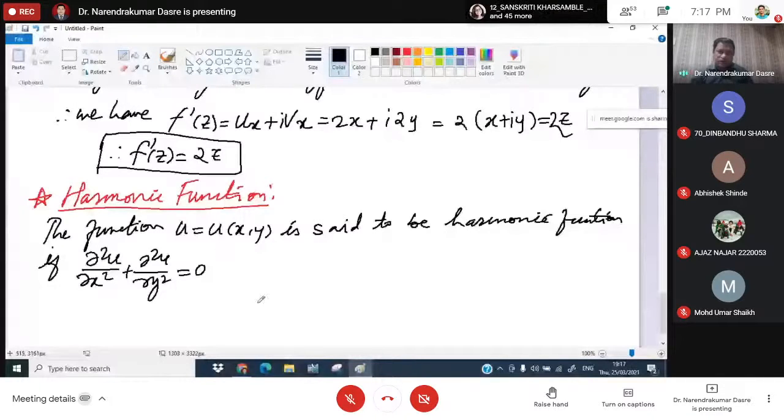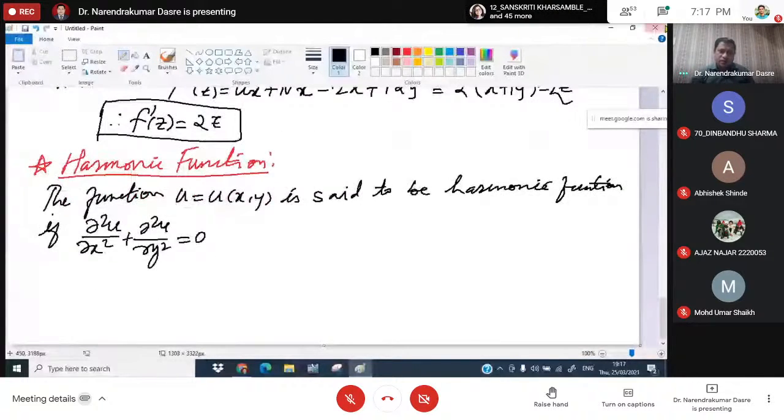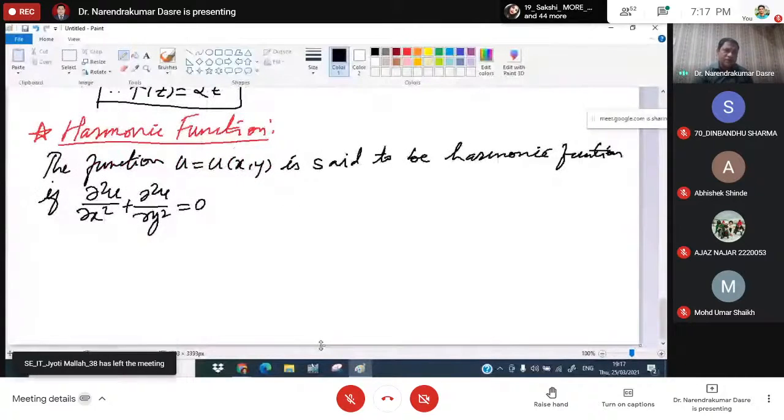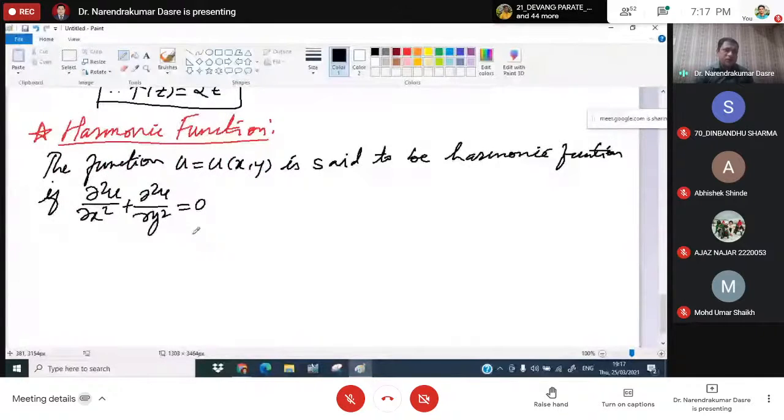Okay, so here harmonic function and the analytic function are related as follows. Suppose I have a function f of z, like f of z is equal to u plus iv, be an analytic function.